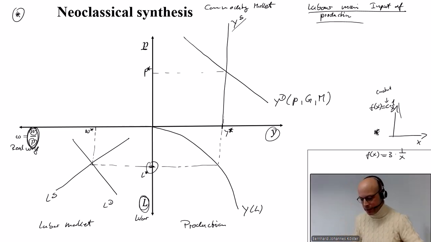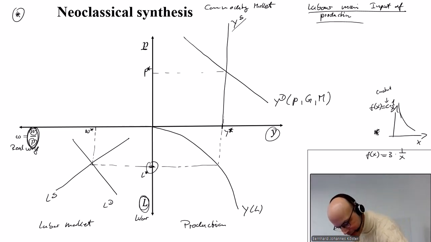Okay, so it's a hyperbola. It looks like this. And if now this number here increases, what does this mean? Let's say this is 3 over x. What happens to this graph if this number increases?